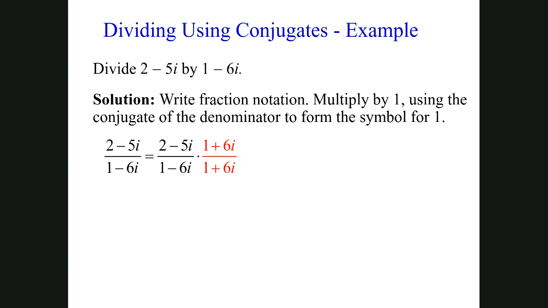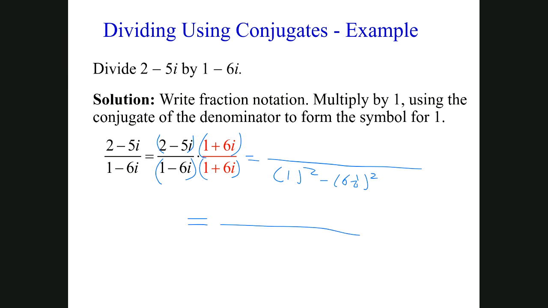So when we multiply, we can FOIL it. My denominator, very quick, is a plus b times a minus b, so I will have a squared minus b squared, which is 6i squared. So I can get my denominator out really quickly.